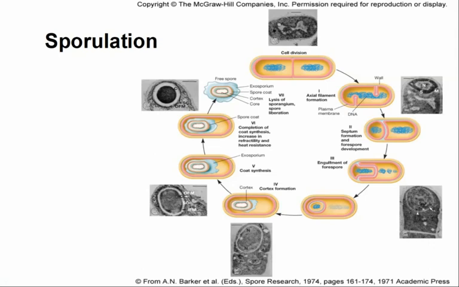First, the peptidoglycan cortex, then the spore coat of protein, and then the exosporium. So at the end of this process, you've got an endospore, which is metabolically inactive, surrounded by all these layers that have been produced by the other cell. And then finally, the sporangium is going to kill itself. It's going to die and lyse and release just the free endospore.